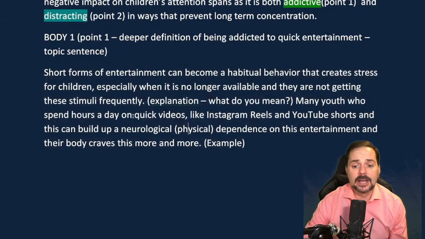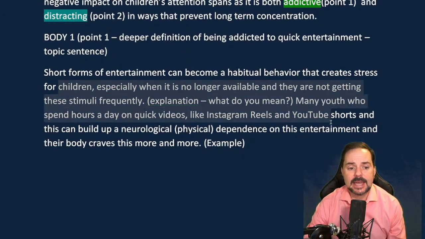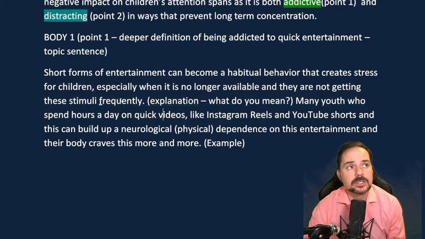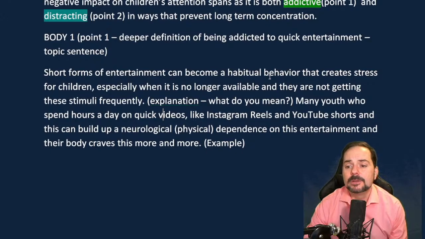Okay. Yeah, so you're right, Rajveer. Remember, the original controlling idea is that it's bad for concentration, and I'm not emphasizing that here. So I have to put that in somewhere, okay? So short forms of entertainment can be a habitual behavior that creates stress for children, especially when it is no longer available and they are getting these stimuli frequently.